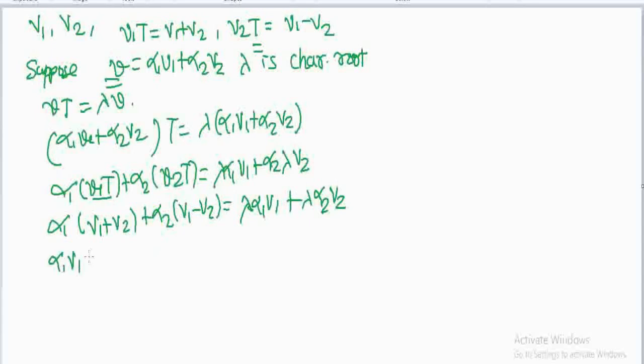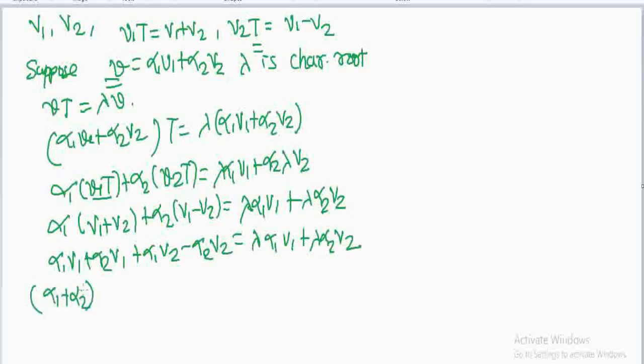So alpha 1 v1 plus alpha 2 v1 plus alpha 1 v2 minus alpha 2 v2 equal to lambda alpha 1 v1 plus lambda alpha 2 v2. Now (alpha 1 plus alpha 2) into v1 plus (alpha 1 minus alpha 2) into v2 equal to lambda alpha 1 v1 plus lambda alpha 2 v2.